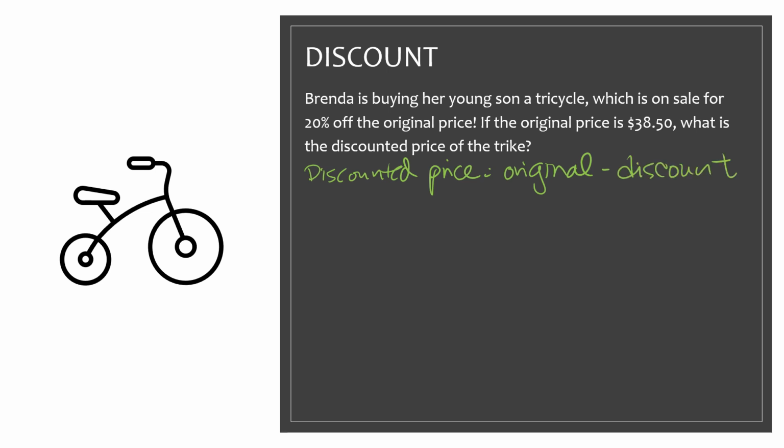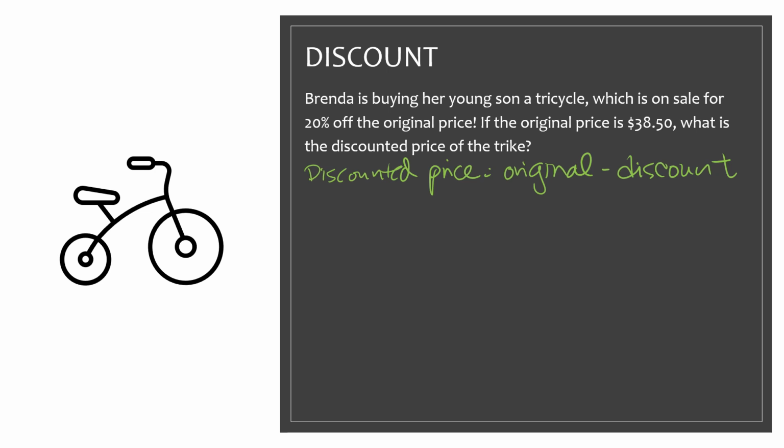Now we're told that the discount is 20% off the original price. So that's the original price minus 20%. Well, if the original price is 100% and I'm going to subtract 20%, I have 80 left, right?